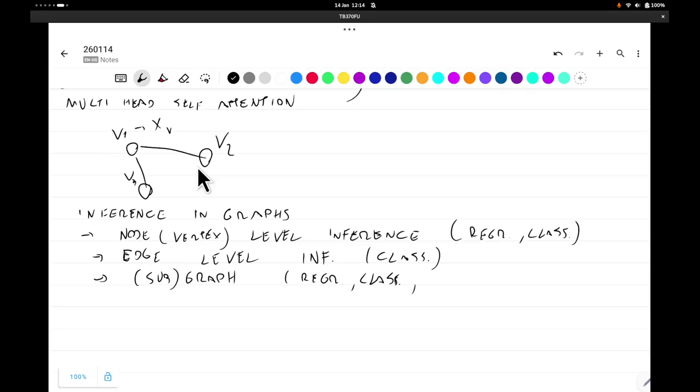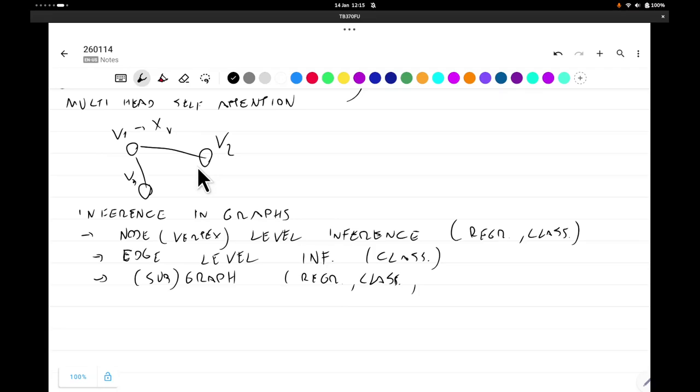So I think here the easiest example is if your overall graph is a molecule, then it's kind of obvious to understand what you mean by a prediction over the whole graph. So you make a prediction on the property of the overall molecule. In your training you will have this kind of graph with this property, whether it is a useful drug or not for a certain treatment.